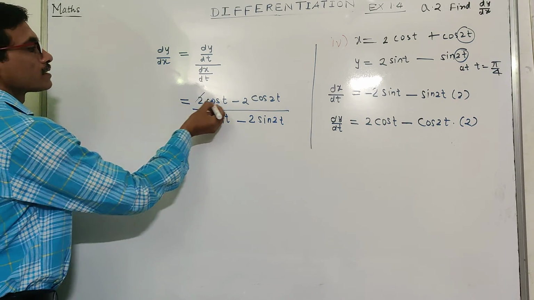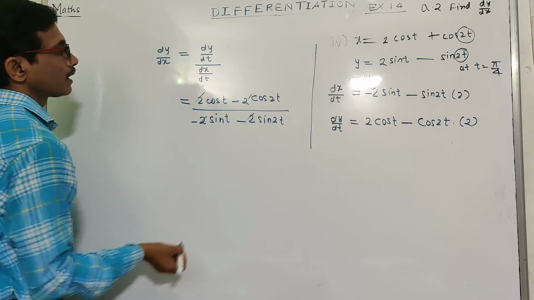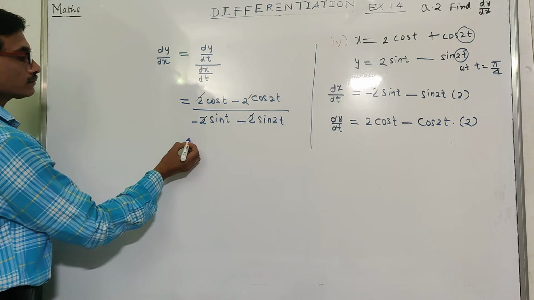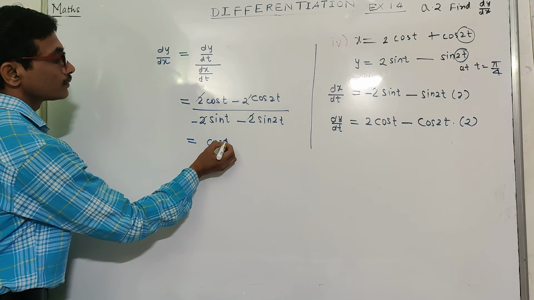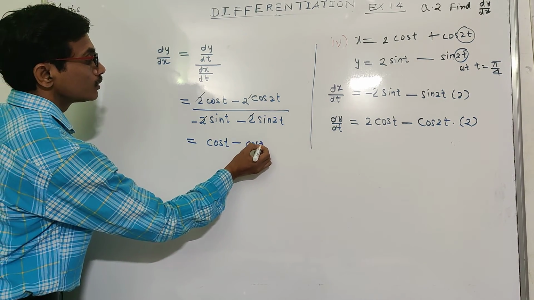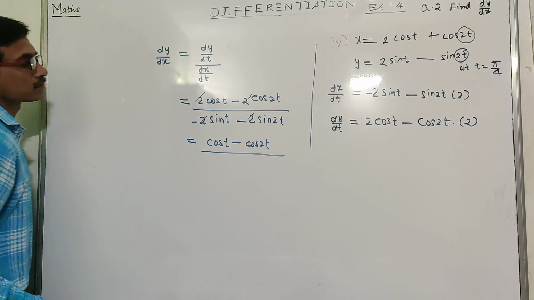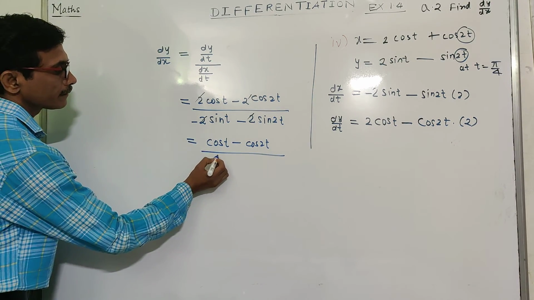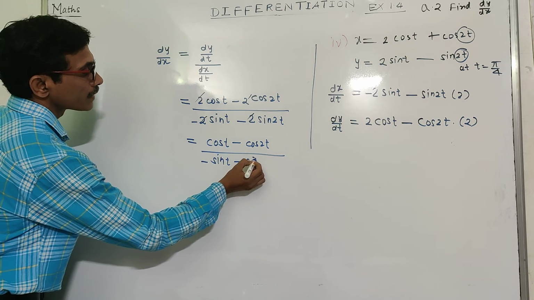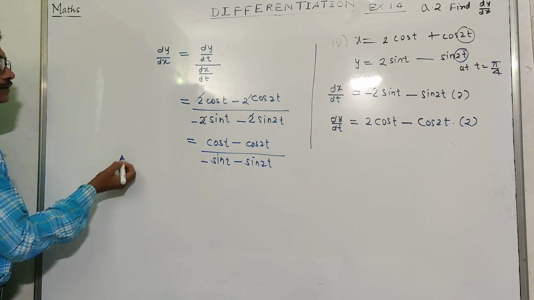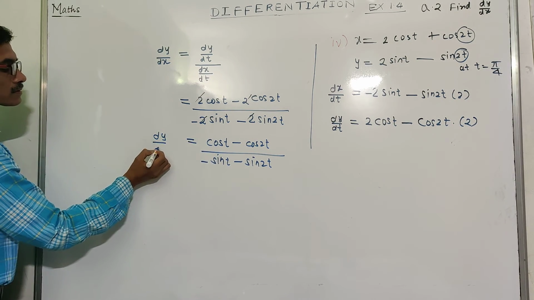This 2 is getting cancelled, and that will be cos t minus cos 2t upon minus sin t minus sin 2t, which is dy by dx.